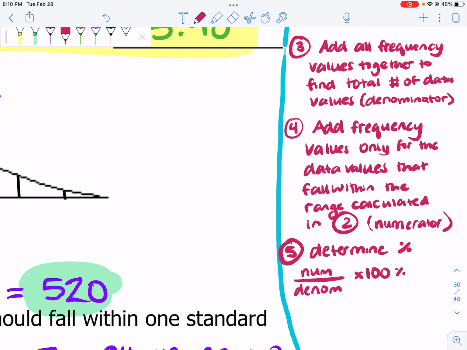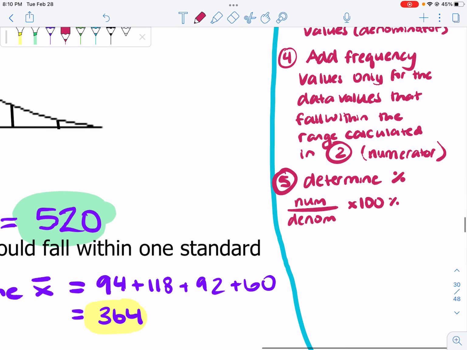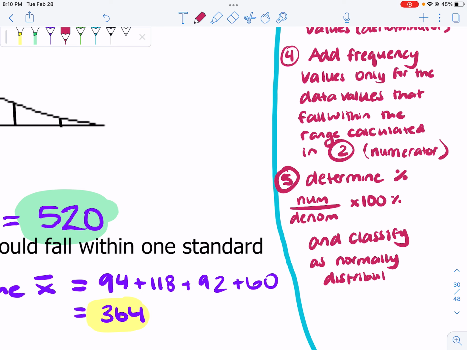So that value found in step 4 divided by that value found in step 3 times 100%, and classify as normally distributed or not.